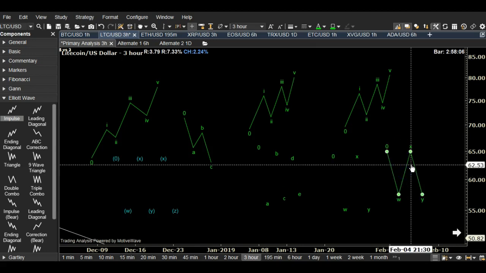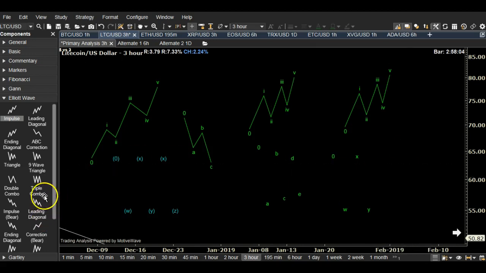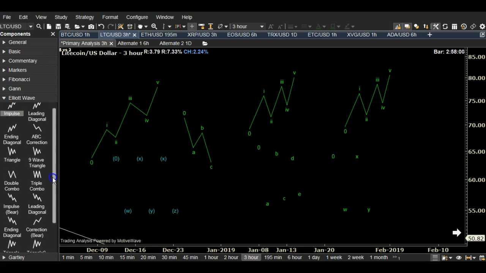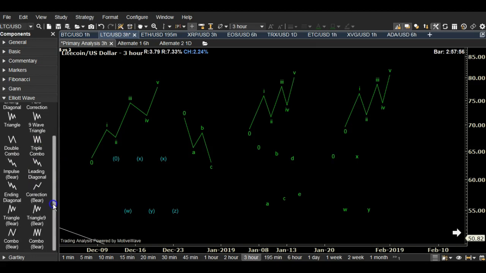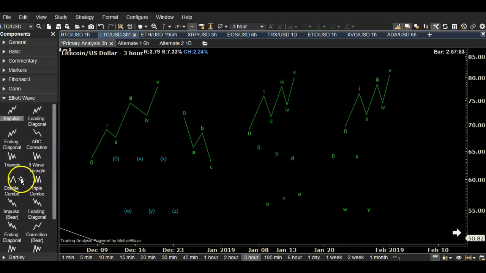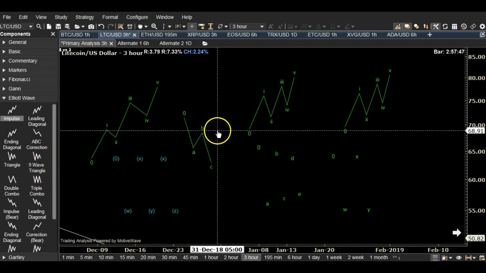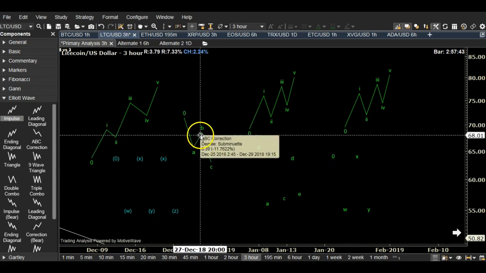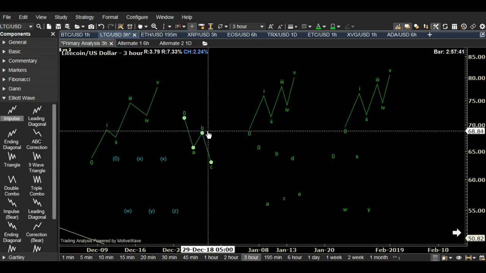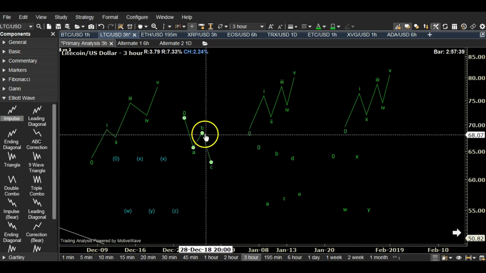Another one that's really basic is the ABC correction, which can be a flat correction. So for example, if you take this ABC here, and you take this wave B, if it's not a zigzag, it's a flat.